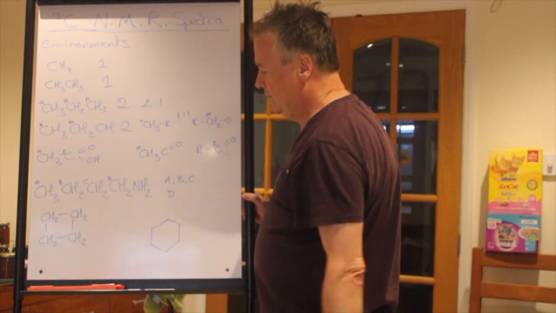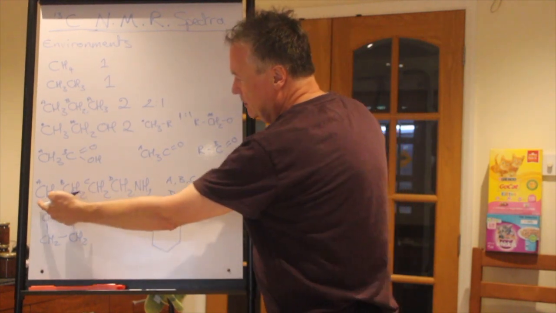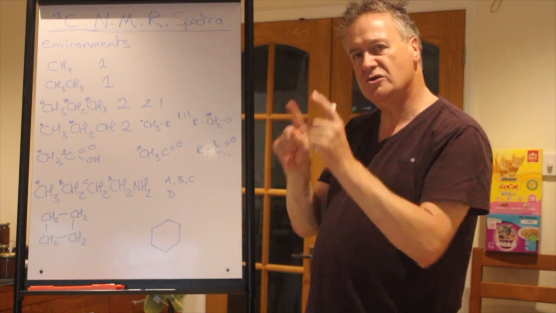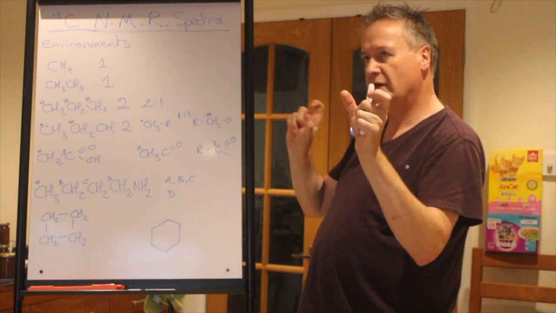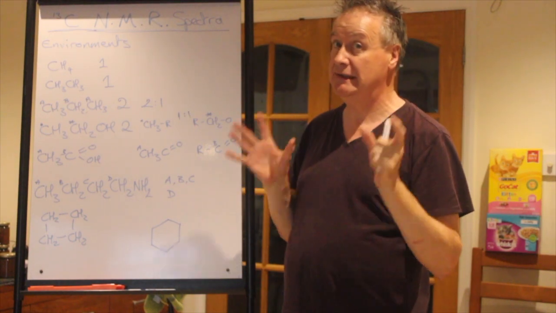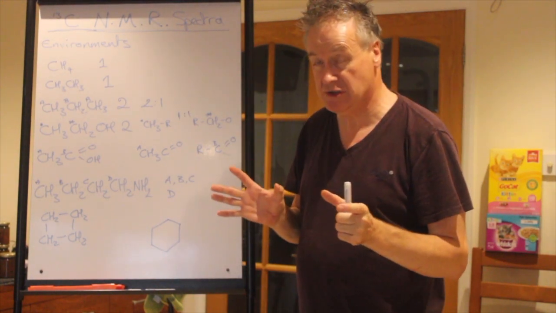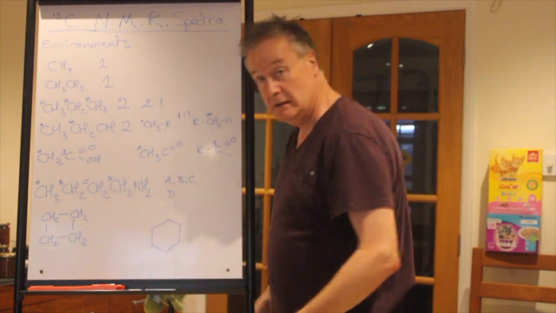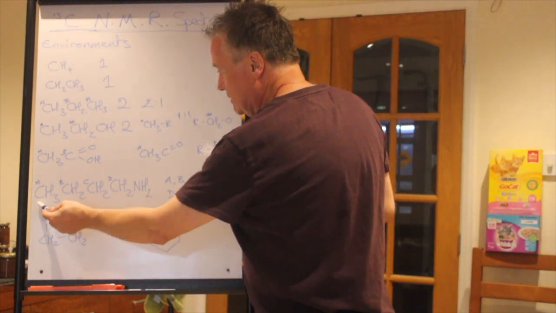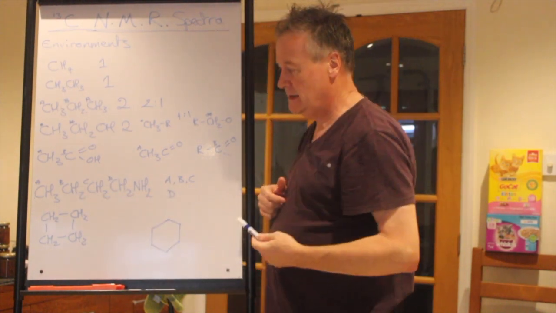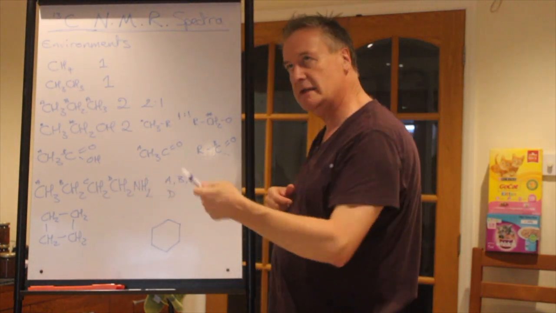There are 4 environments. Now you might look at that and go, aren't the CH2s the same? No, because you have to look at what's either side of it. Is it exactly the same? If it's exactly the same, I agree, it's repetition. But it's not like that. So the one on the end, carbon A, is attached to CH2CH2NH2.